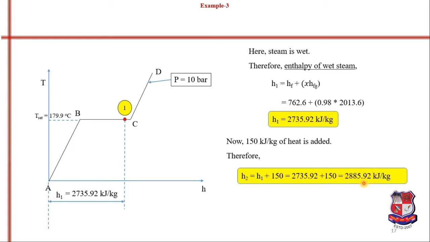Now we cannot identify from this value whether our steam is wet, dry saturated, or superheated. So let's take the help of the steam table. From the steam table we know that Hg, enthalpy of dry saturated steam, means enthalpy up to point C, is 2776.2 kilojoule per kg.